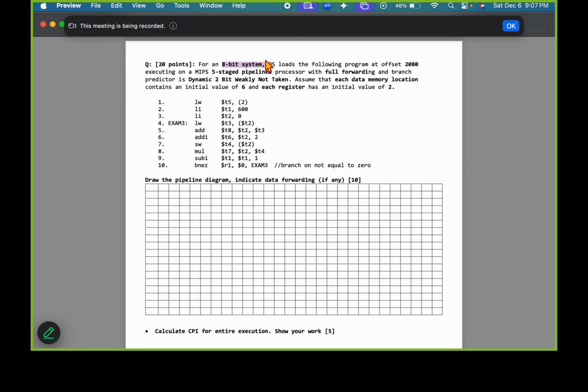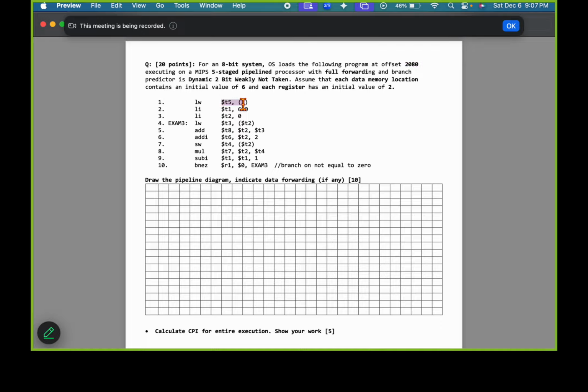So remember there's 8 bits in a byte, right? Because of this, we are going to have each instruction be exactly 4 bytes away from each other. So we're going to just constantly be adding +4 from our offset, which is 2080 in this case.